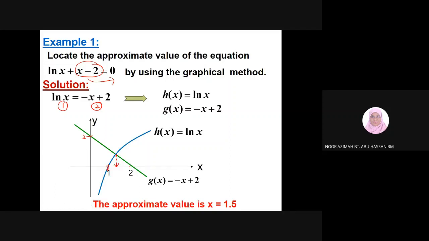This graph is not that accurate, okay? Or if it's to be more exact, you can choose 1.4 from the graph. So you have to make sure your graph is accurate, then your initial approximation value will be the best option. Okay, moving on.